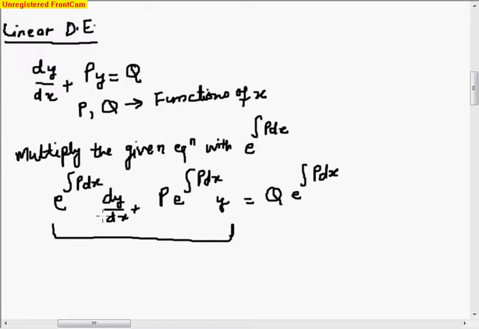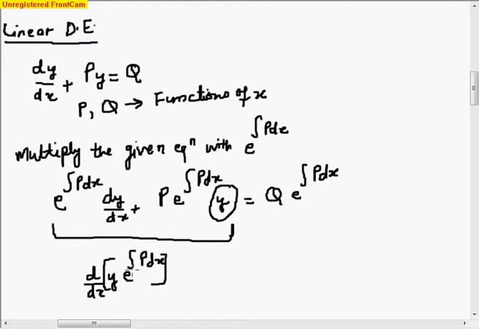Suppose I want to differentiate this thing, e raised to power integral p dx times y. I'll apply the product rule. First I'll keep this factor e raised to power integral p dx as it is, which I have here, and I'll differentiate y with respect to x, that is dy by dx. Then plus, that is the product rule, I'll keep y as such here, and I'll differentiate this thing.